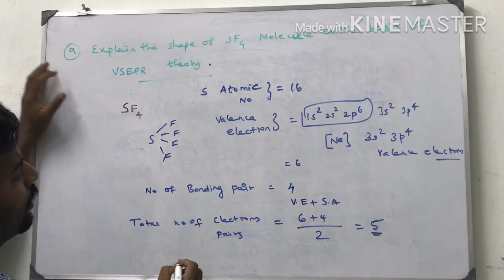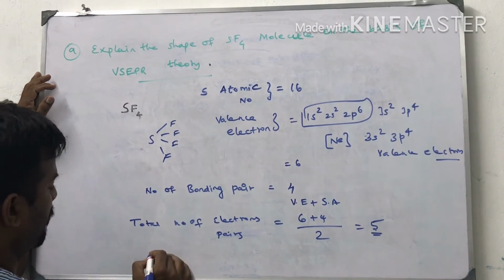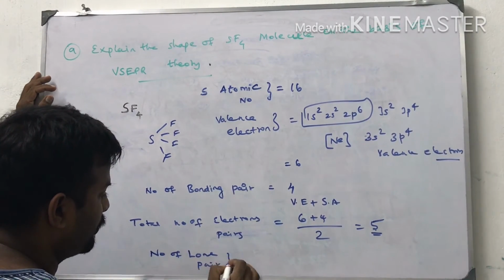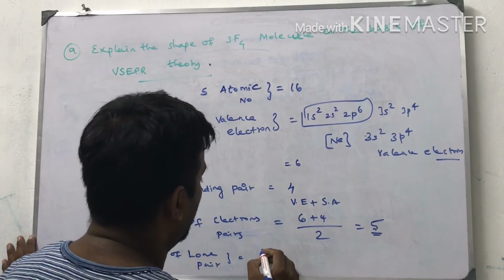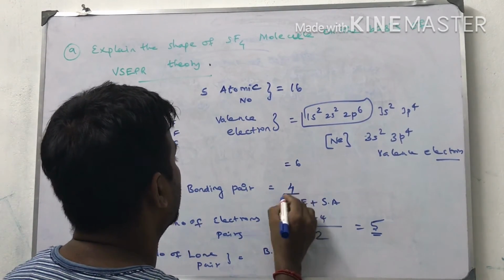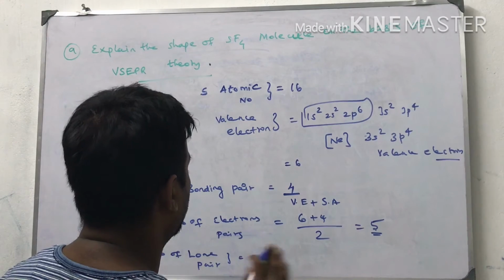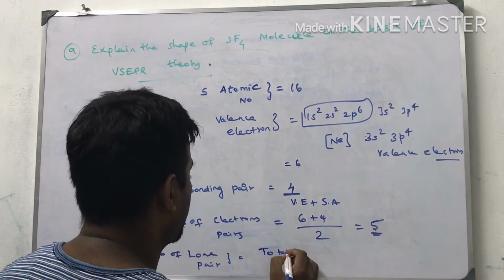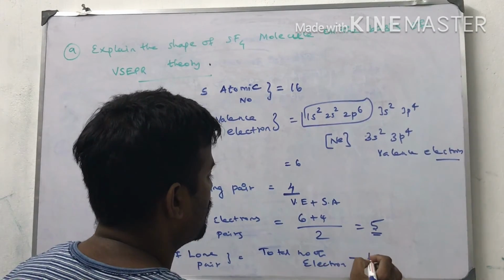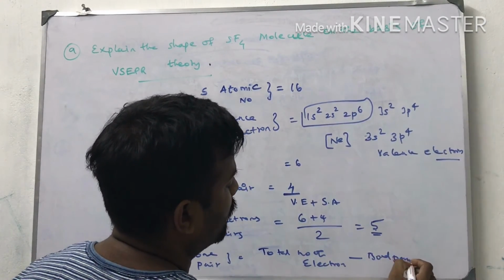So now I am going to write lone pair electrons. Number of lone pair equals total number of electron pairs minus number of bond pair. This is the formula.